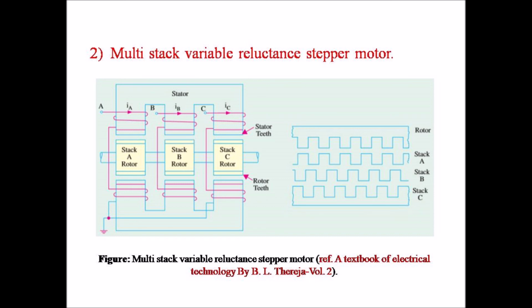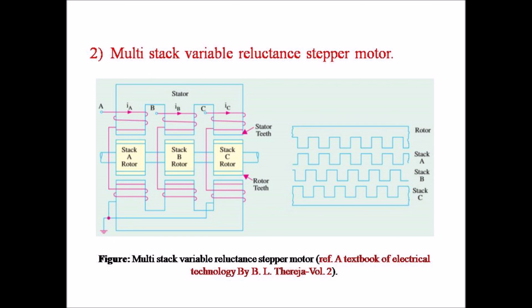The figure also shows the stator teeth of various stacks having a progressive angular displacement, while the teeth of all the rotors are aligned perfectly with respect to themselves. In case of multi-stack variable reluctance stepper motor, all the stator pole windings in a given stack are energized simultaneously.